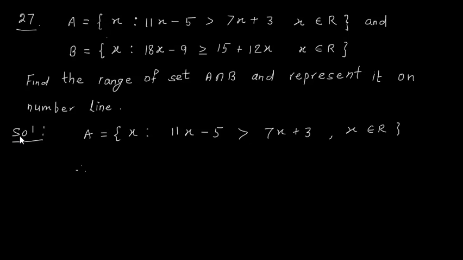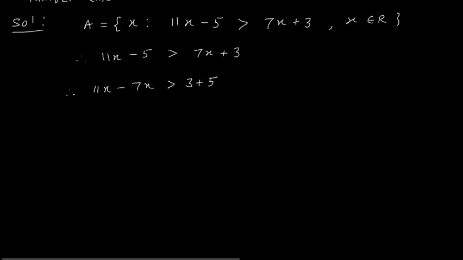So we will simplify this: 11x minus 7x is greater than 3 plus 5. 11x minus 7x is 4x, greater than 3 plus 5, 8.